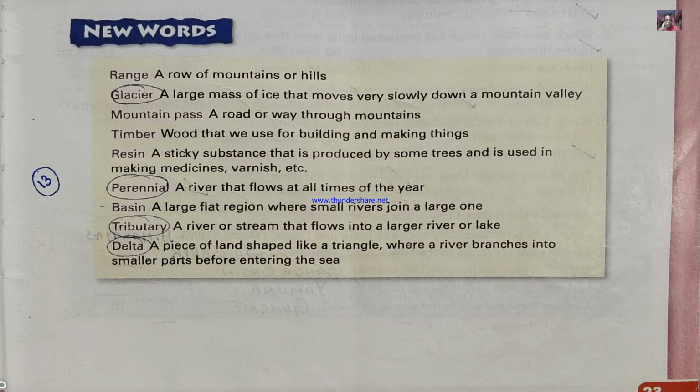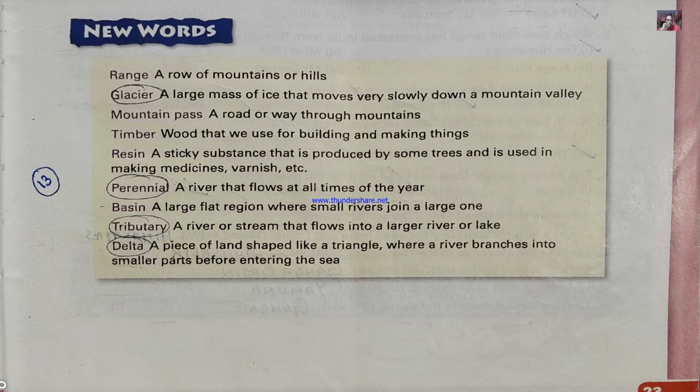Actually, a glacier is a river which is frozen on the sides of the mountains or between the mountains. There's a mass of ice, and actually that is a river which is frozen.